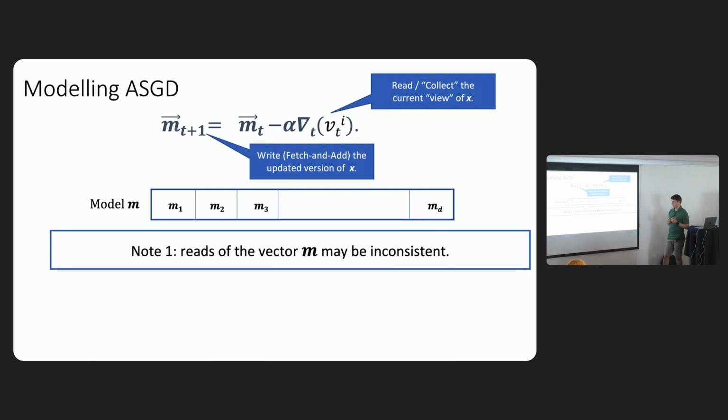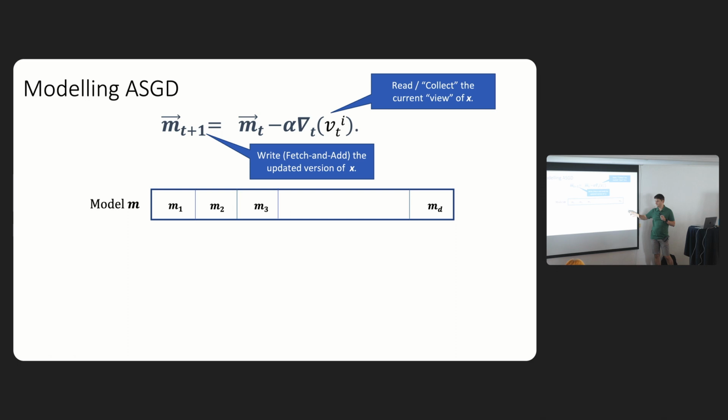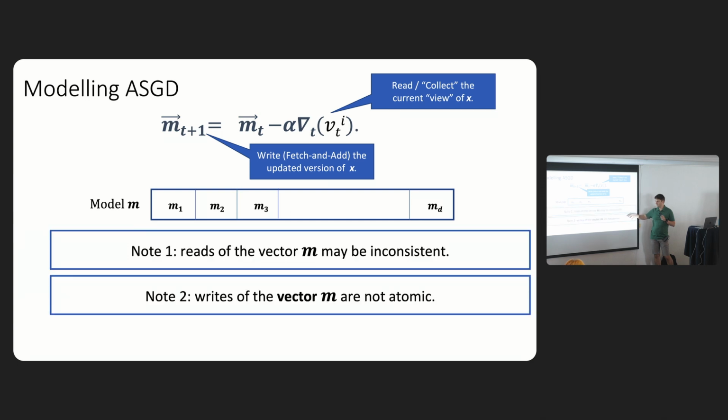One observation is that, unless they use a snapshot, these processors may see completely inconsistent views of M, right? And then writes are not atomic. Therefore, a single processor might be in the process of writing to the vector while being preempted by the adversary.